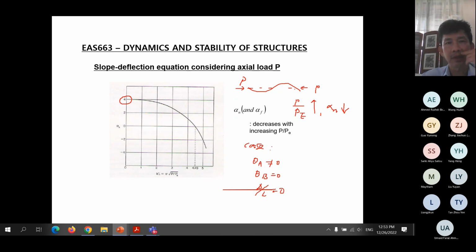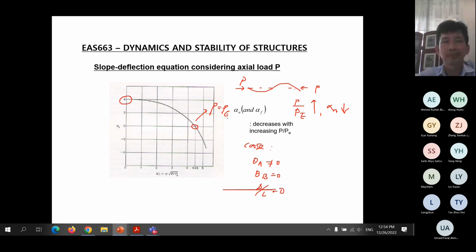So the effect of this P on the bending stiffness is very small. But when P increases beyond this, more and more, then it starts to have an effect on the bending stiffness. And when P is equal to P critical, P Euler, the load that you apply is approaching or exactly equal to the critical load of that member with pin-pin conditions, then we get stiffness 0.